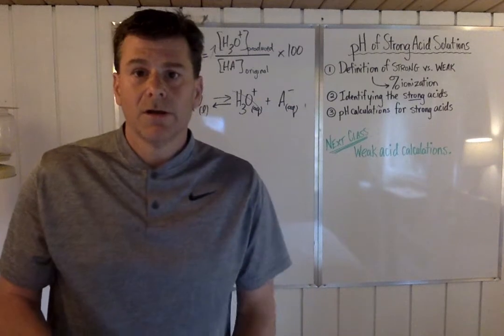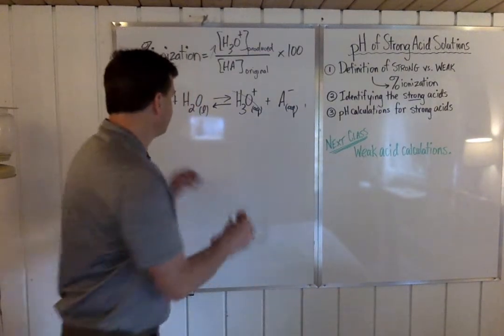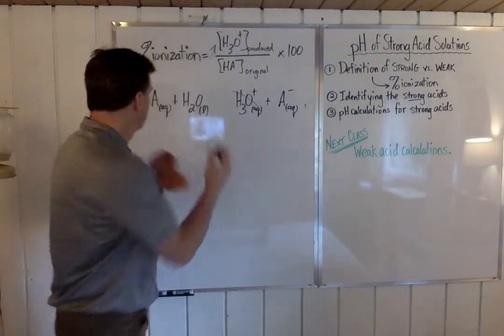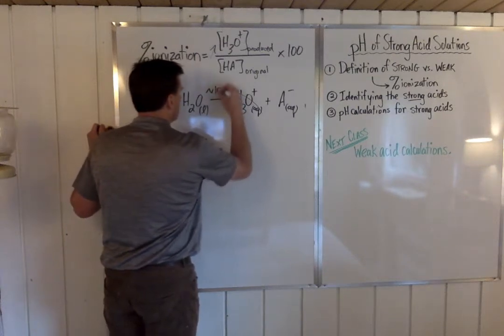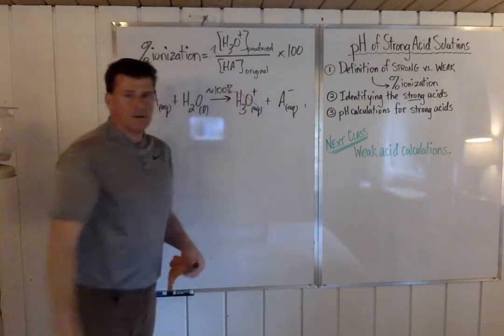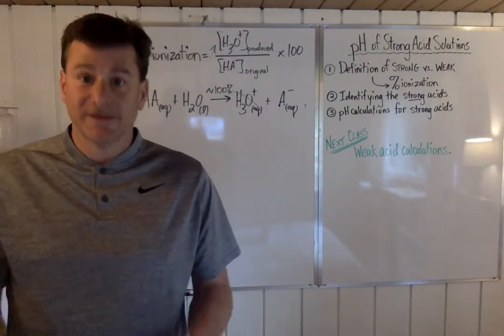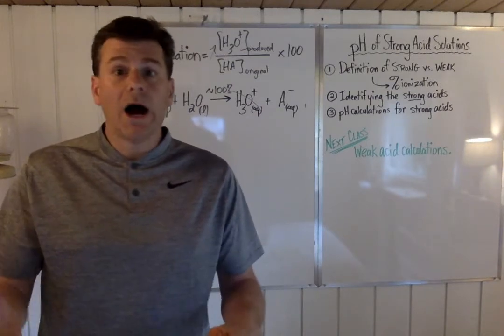So for our purpose of calculation, we make the assumption that for a strong acid, it goes 100%. And so we use a single arrow to indicate that it goes 100%. Now, why?